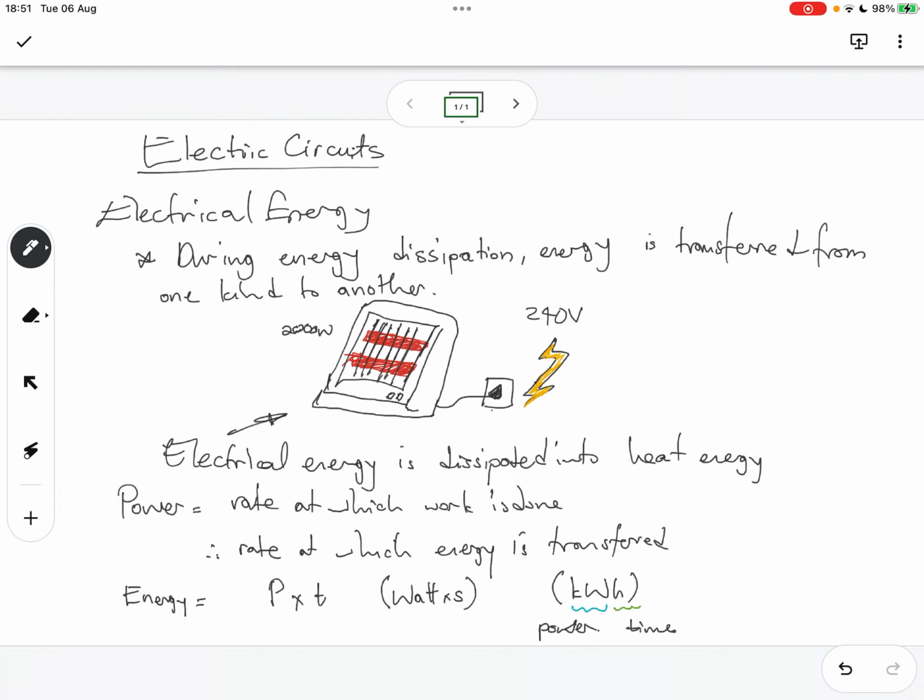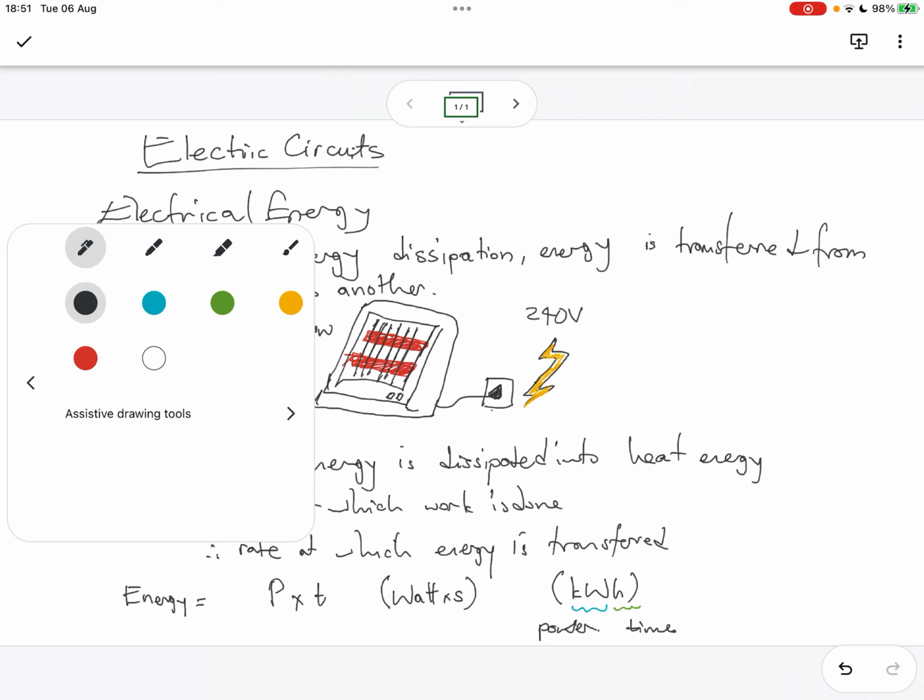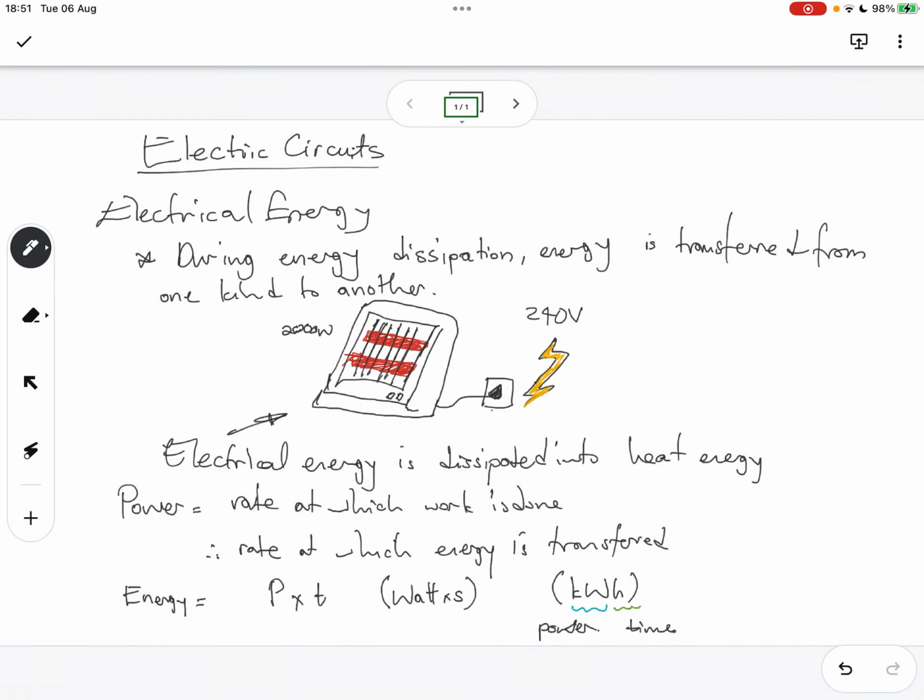Is it possible for time to be measured in minutes? Well, I think that's why our power utilities measure the units that we buy for electricity in kilowatt hours, because it takes 60 seconds to make a minute, times that by 60 to make an hour, so 3,600 seconds to make 1 hour.